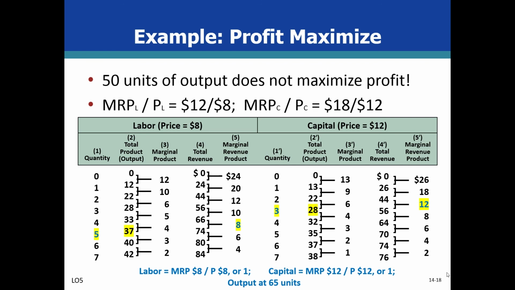And management says, great. And then somebody raises their hand and asks the question, but are we maximizing profit? What about the profit maximizing rule? Everybody kind of looks dumbfounded and goes back to work and realizes that 50 units of output does not maximize profit.